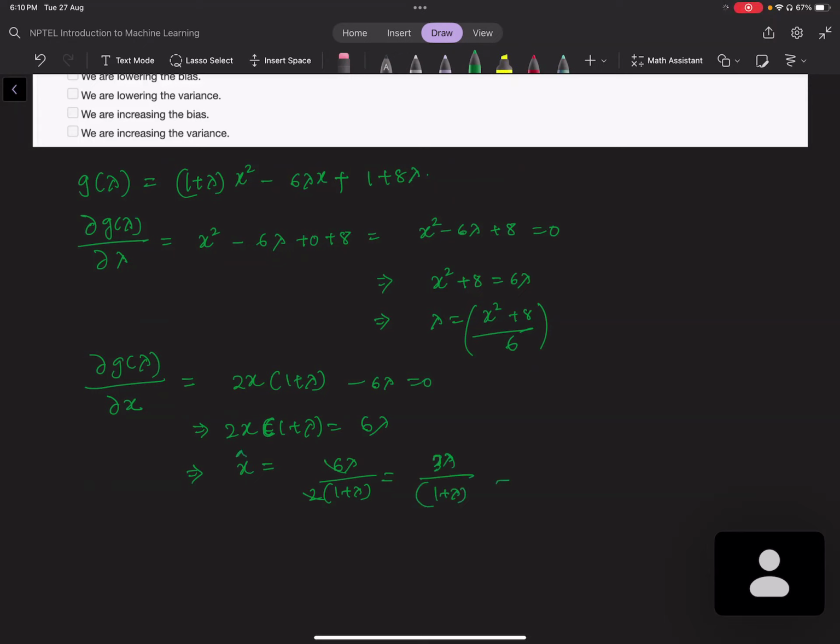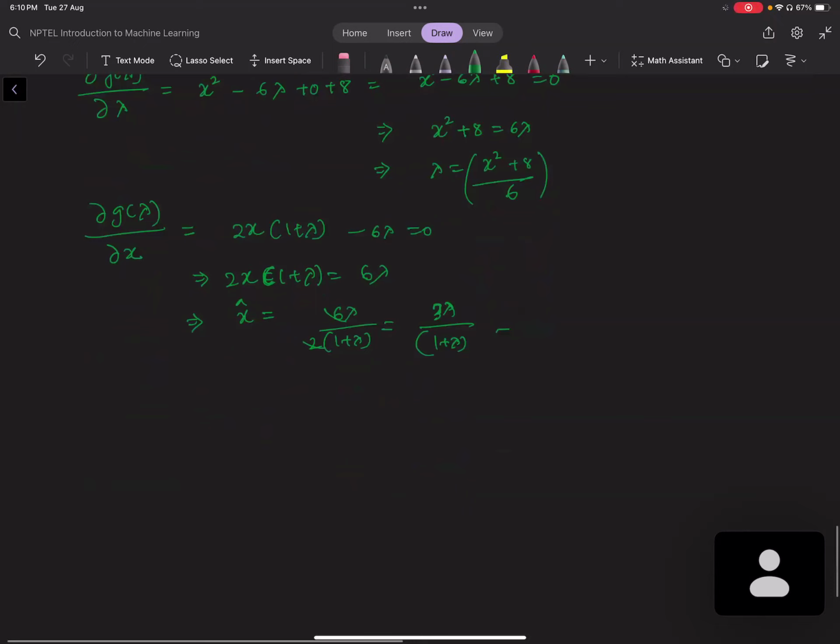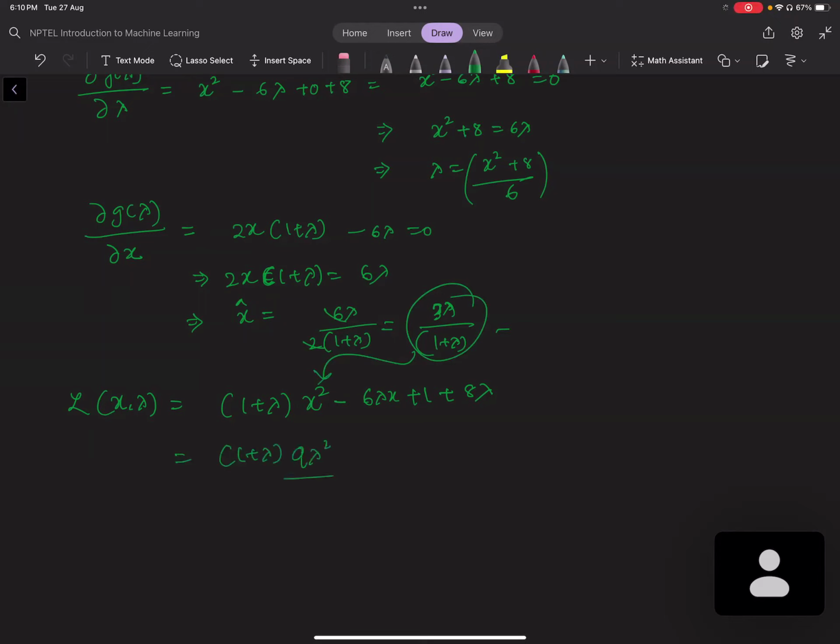So what we do is put this in the equation. The equation was (1 + λ)x² − 6λx + 1 + 8λ, and we'll put this value in place of x. It will be (1 + λ)·9λ²/(1 + λ)² − 6λ·3λ/(1 + λ) + 1 + 8λ, and we cancel this.